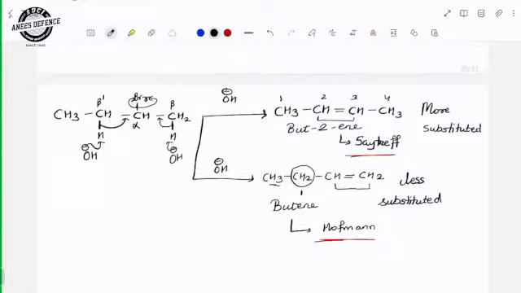Yes, ma'am. Elimination, what are the main criteria? You need a halogen, you need a leaving group, and the carbon attached to that leaving group should not have a double bond. Yes. And to that carbon, there should be a beta carbon and beta hydrogen. So you need beta hydrogen and a leaving group. If it is present, and if you are using an alcoholic base, then that will definitely go under elimination reaction.